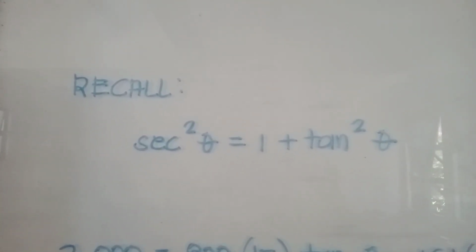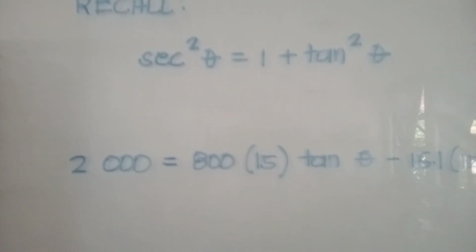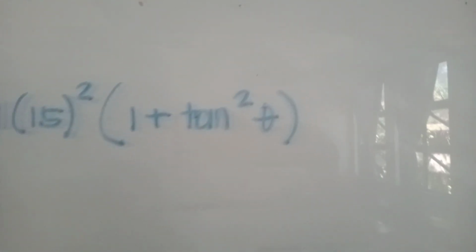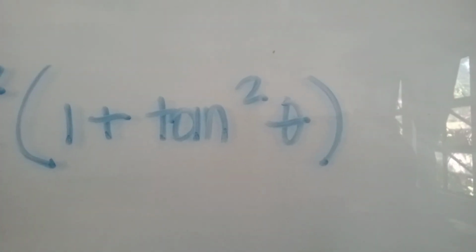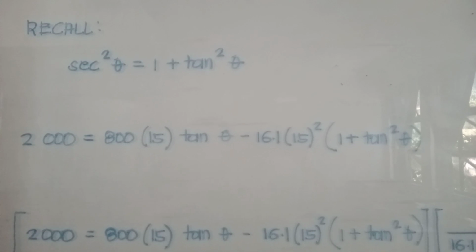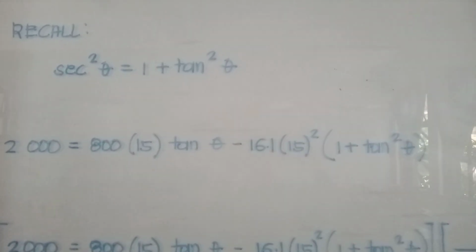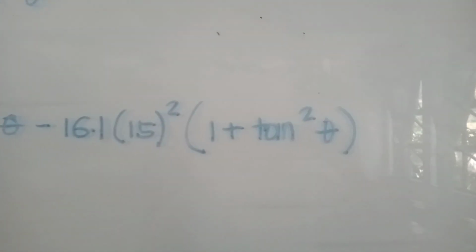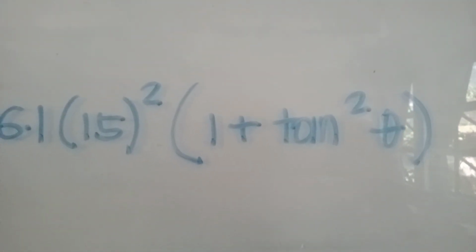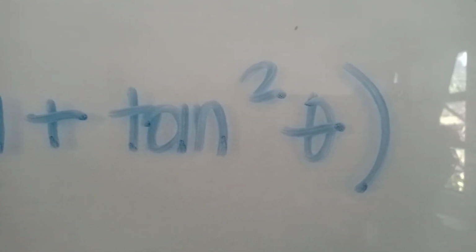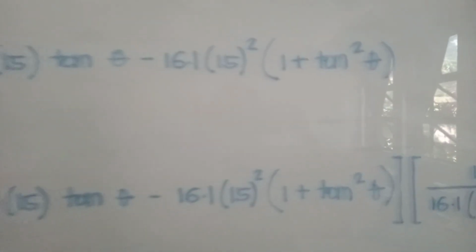So let us substitute that to the square of secant theta right there. This was originally secant square of theta, so that the function becomes purely in terms of the tangent of theta. And we are expecting something like a quadratic equation because of the presence of this second degree trigonometric function.